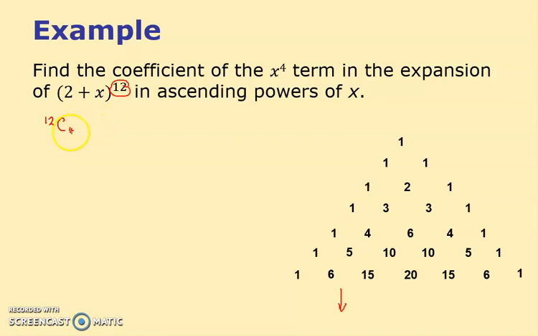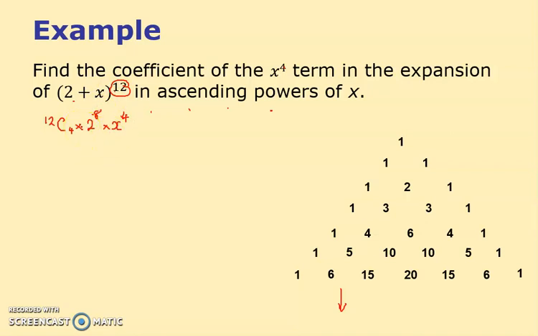Technically, I actually want 12C8 because it would be the 8th term that gets me to it, but by symmetry that will work as well. So 12C4 or 12C8 doesn't really matter, but it's going to be times by. Now I want x to be to the power of 4, and so my rule has always said you add the two powers together to give you the total power. So that's 2 to the 8 there.